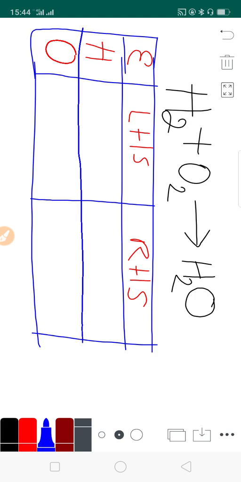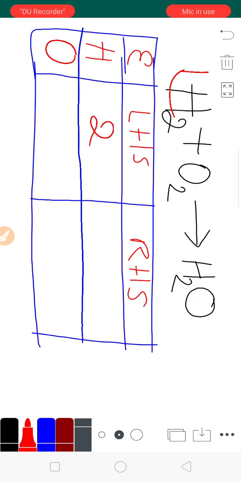Let us understand how many hydrogens are there on LHS. It is 1, 2s are 2. How many oxygens are there? Coefficient nothing is there means 1, 2s are 2.